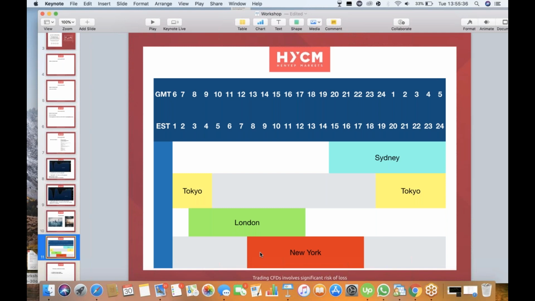This is when the majority of professional traders want to trade, during this London, New York session, particularly during this London in the morning and then the overlap. This is the busiest time in the FX market. So if you're trading intraday, you certainly would be wanting to consider these hours as excellent hours.